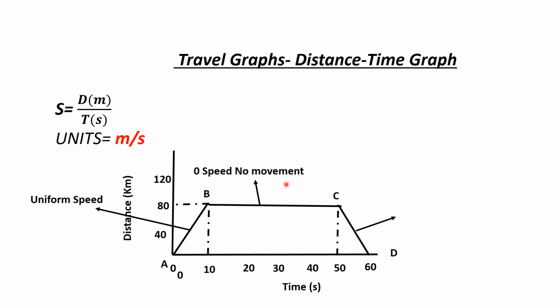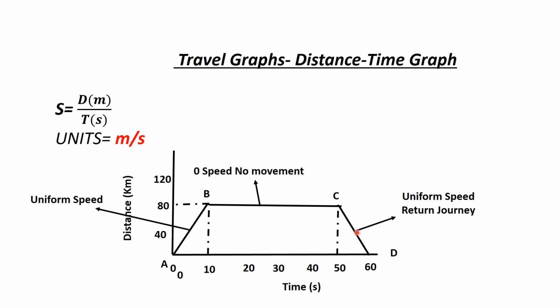The last part of course has uniform speed, but it represents the returning journey. What is important is that it has uniform speed, just like here. Here the speed was increasing, but here we can say the speed is reducing because distance is reducing as time proceeds. Let's take it like that.